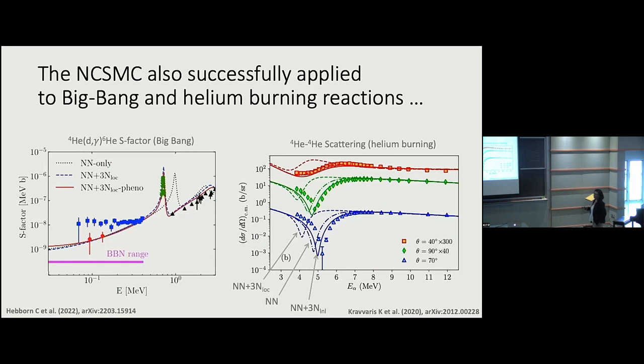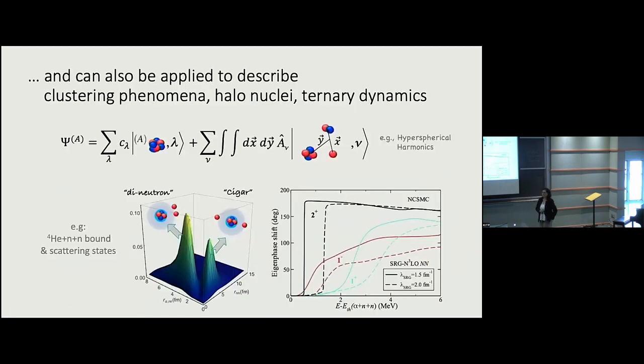And then I should say Costas, once again, also computed alpha-alpha scattering with chiral nuclear and internuclear forces that is important for helium burning. And then just in the context of the conference, I felt that I should say that this method I also extended to treat ternary halonuclei and ternary dynamics and clustering phenomena.